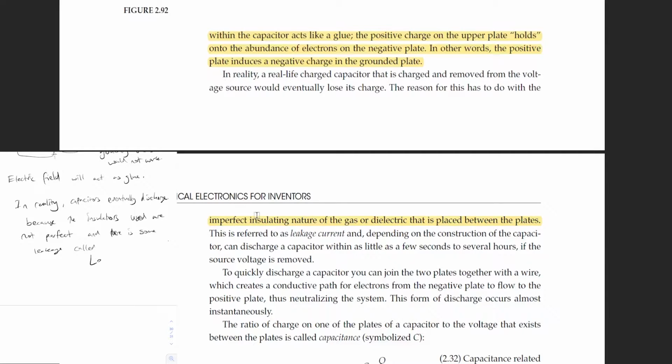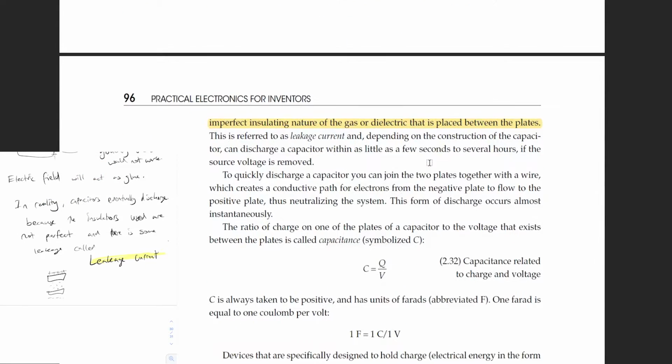Leakage, called leakage current. So you have positive, negative. You do occasionally get small amounts of leak.